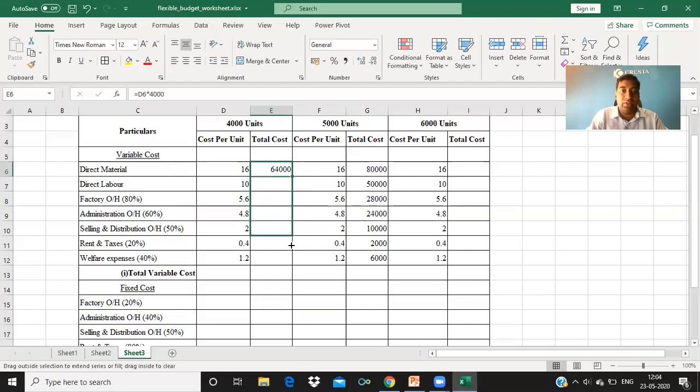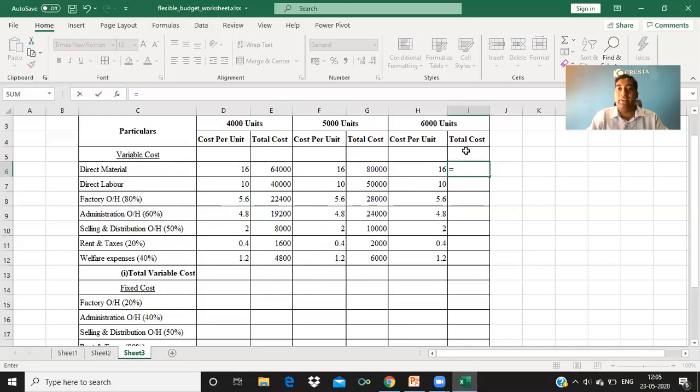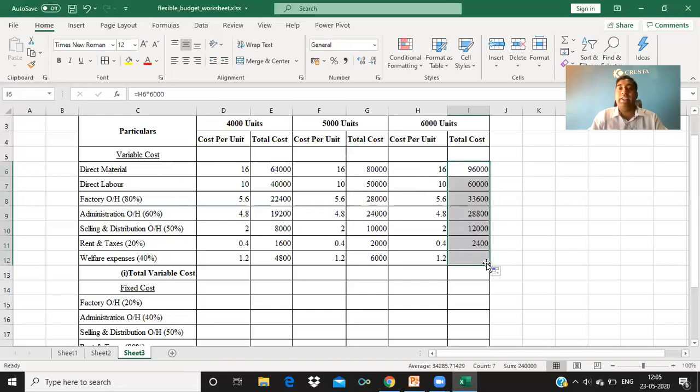Next is 10,000 into 4,000, 5.6 into 4,000, 4.8 into 4,000, 2 into 4,000, 0.4 into 1,600, 1.2 into 4,000 units. Similarly, we are supposed to calculate the total cost also for the 6,000 units. So these are the values we will get.